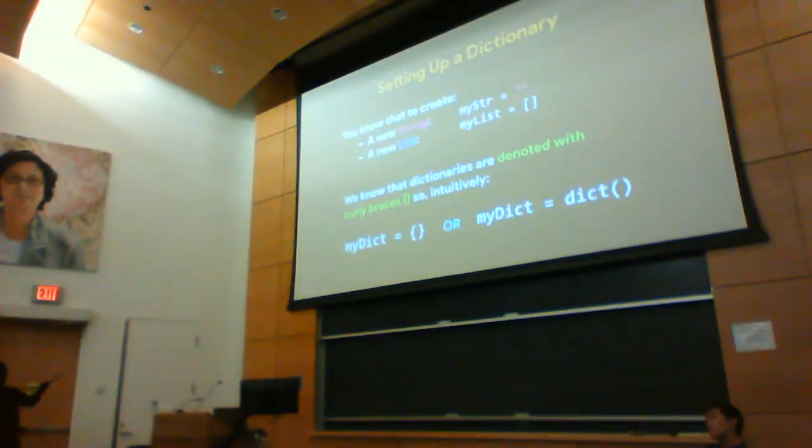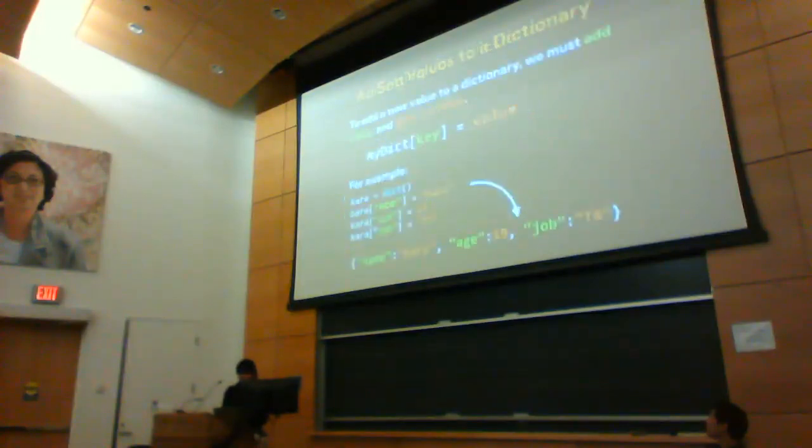They're equivalent, either works. Okay, any questions about that? No? Personally, I prefer using the constructor just because we have empty brackets. Empty curly braces can also be a set, but it doesn't matter.